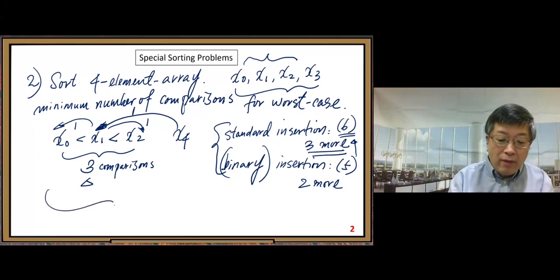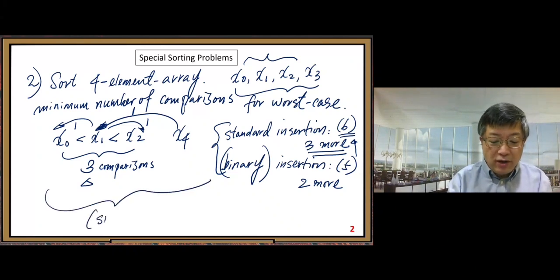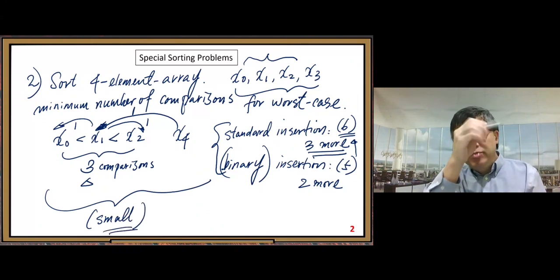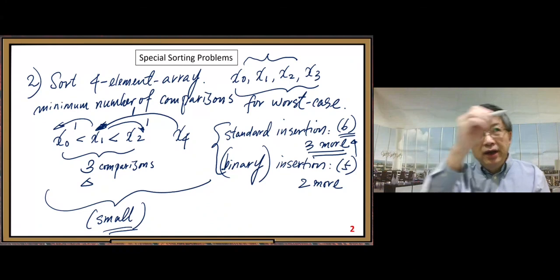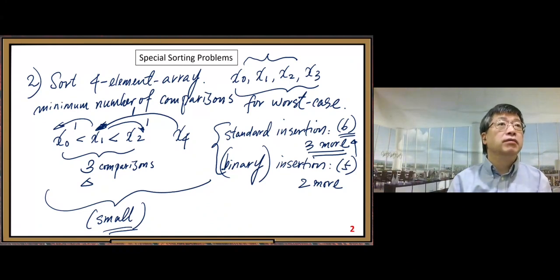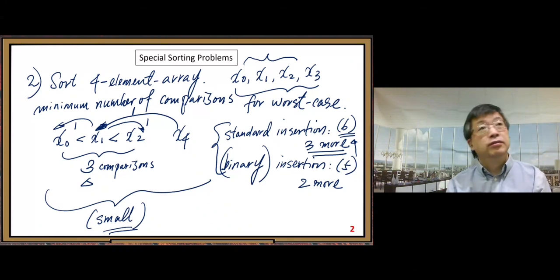For a small number of elements, in our program, we can explicitly write the elements in order easily. We don't need to use a for loop.